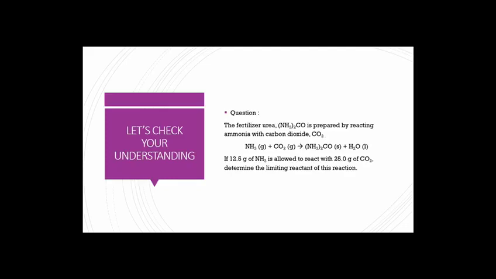Your 15 minutes begin now. Alright guys, if you tried the question, you will obtain through the calculation that ammonia is the limiting reactant in the production of fertilizer urea.